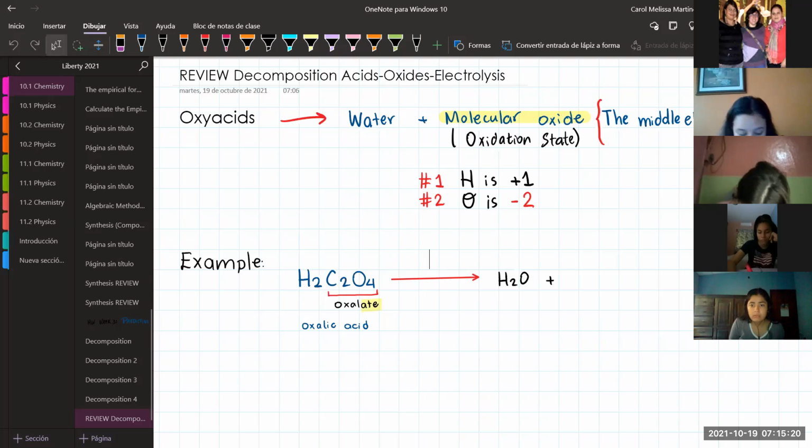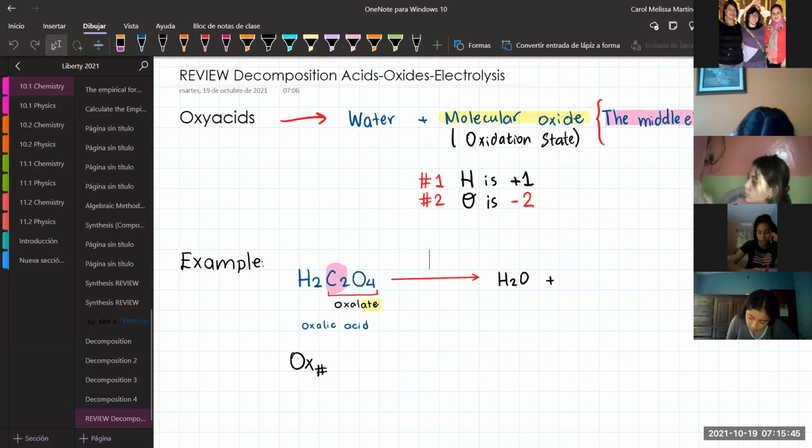In here, the middle element is carbon, so we're going to focus on this. Since we focus on the middle element, that's the oxidation state that you need to calculate. So we say oxidation number calculation.